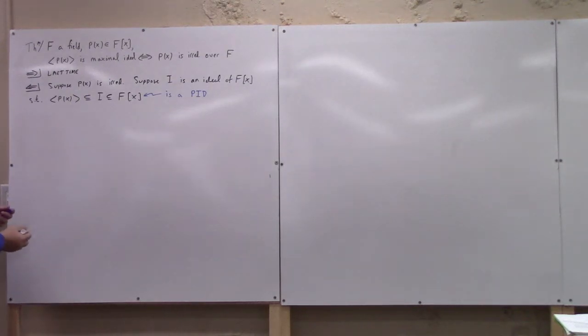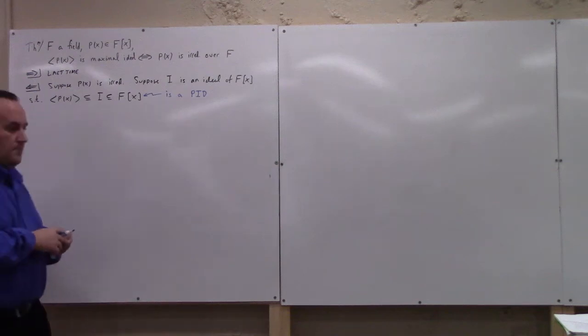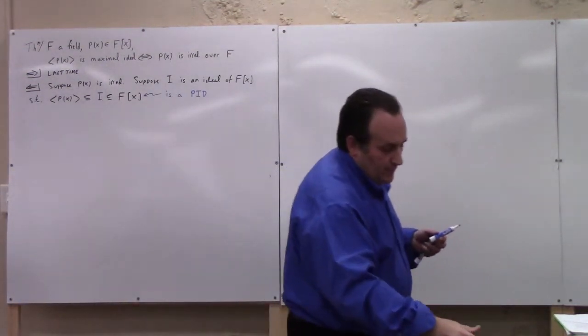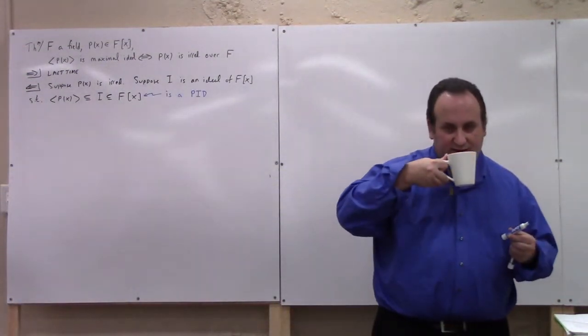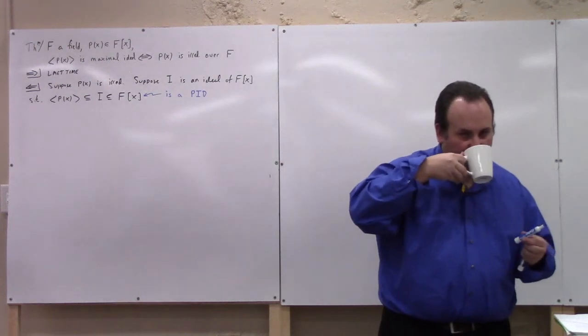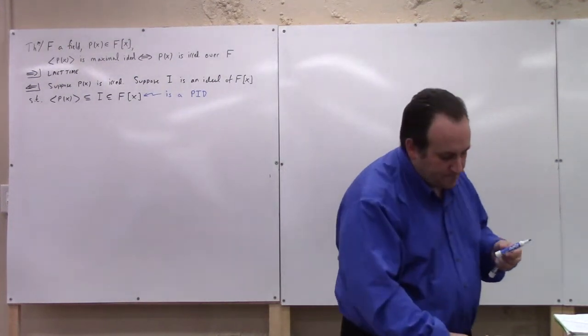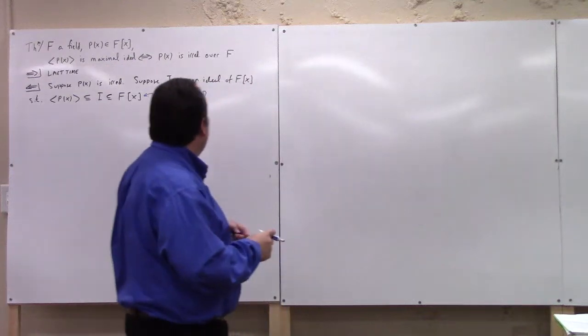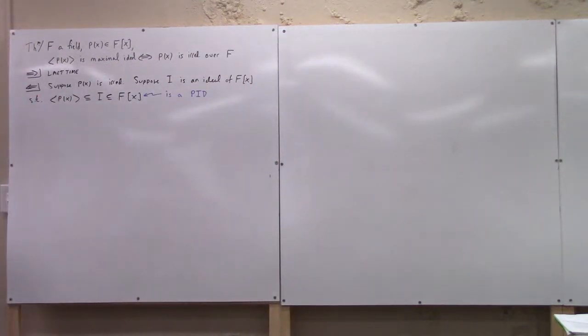What was our definition of irreducibility? Irreducible means that if you factor it, one of the factors has to be a unit. It doesn't have a non-trivial reduction, is the way I say it. But we're talking about polynomials over a field, right? Yeah, but that definition of irreducibility applies to numbers just the same.